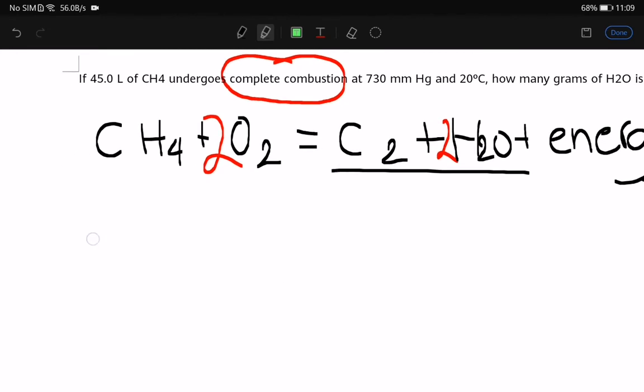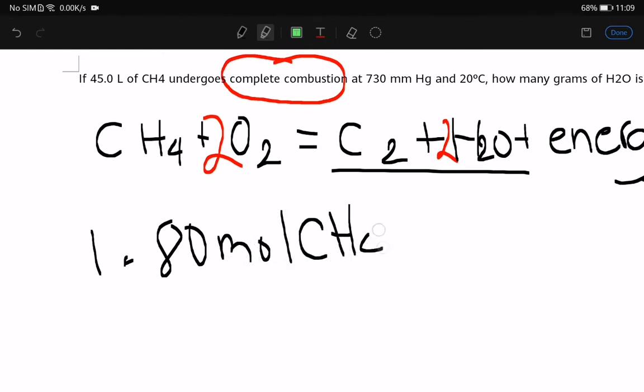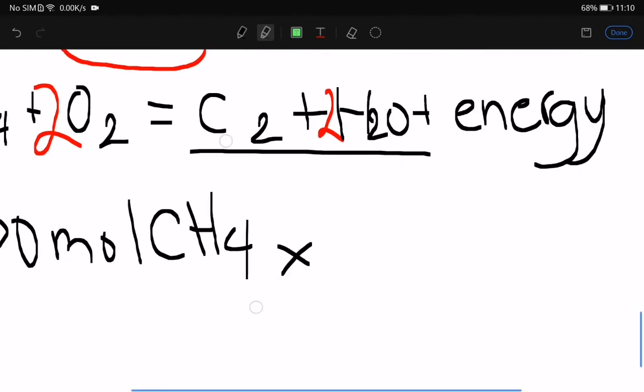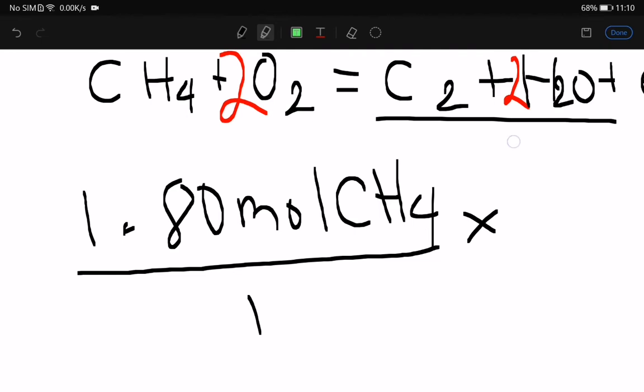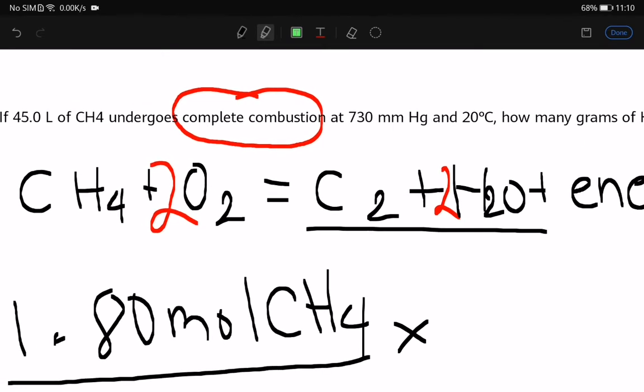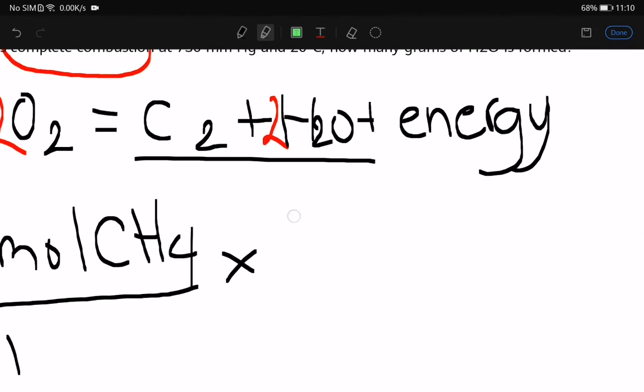So 1.80 moles of methane, we'll ratio it to the moles of H2O. We're converting it, it's stoichiometry all over again. For every 1 mole of methane there are 2 moles of water. Okay? So let's put it here.